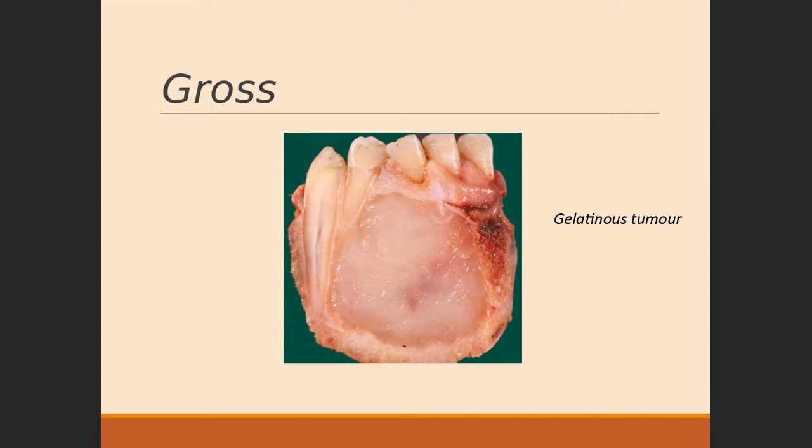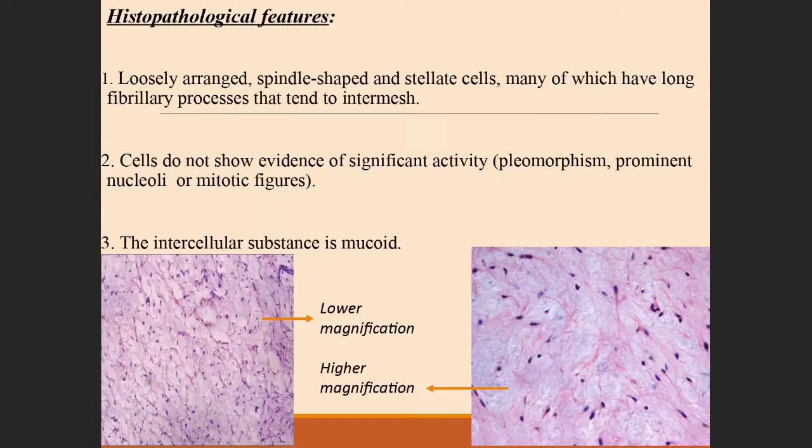That's why it has this gelatinous consistency. So in the extracellular matrix, you can see cells here. They are loosely arranged, spindle shaped cells, whereas the matrix is rich. That is very important for myxomas.